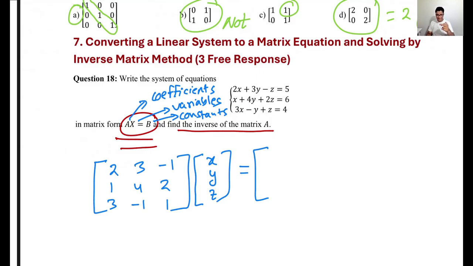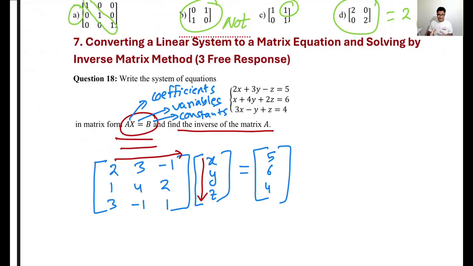If you move down here, 2x plus 3y minus z will be your first entry. That is the first equation there. And on the right side, you write the constants. So equals 5, equals 6, equals 4, the three equations.